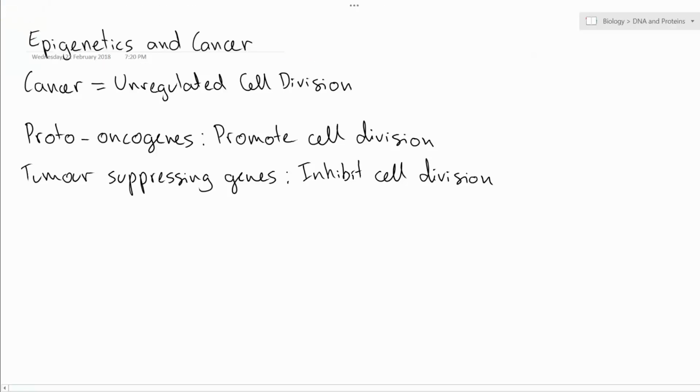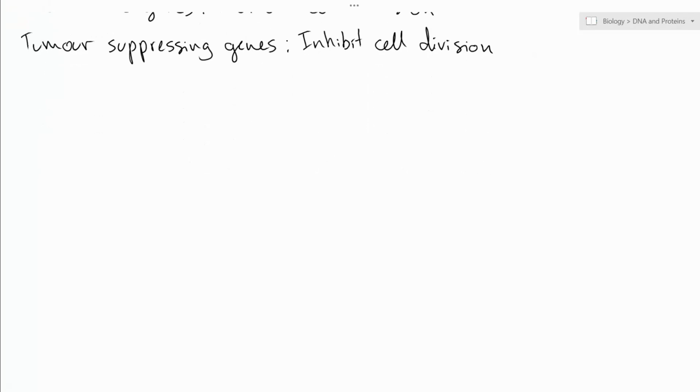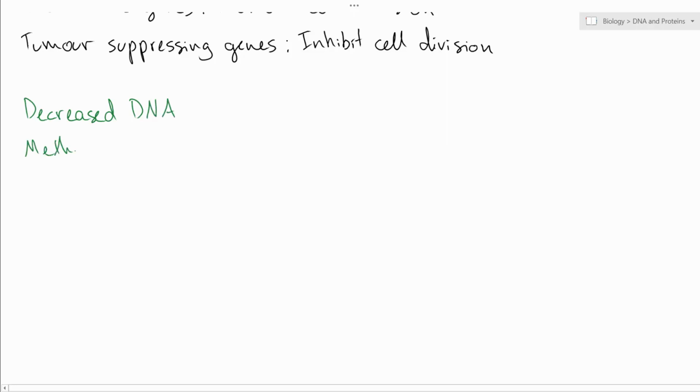So let me try and plot these out because it's a little bit complex, but if you break it down, it makes it a lot easier to get your head around. If we see a reduced rate of DNA methylation, remember DNA methylation leads to the silencing of genes. So if we see less DNA methylation, we're going to see reduced silencing of genes, which means that proto-oncogenes won't be silenced where they might have usually.